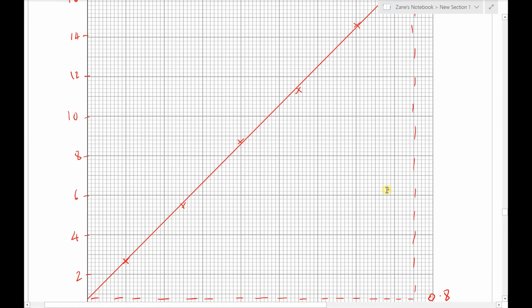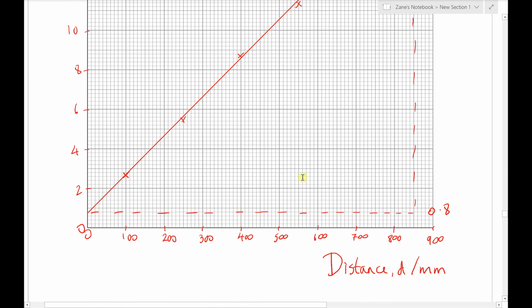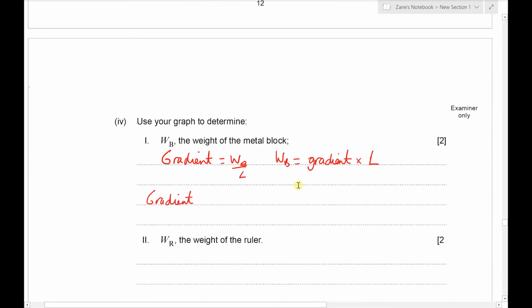So I've used as big a triangle as possible to try to minimize uncertainties when we take readings off the graph. So gradient is 17.4 minus 0.8 over 0.85. Need to work in meters here, and that will give us about 19 or 19.5.